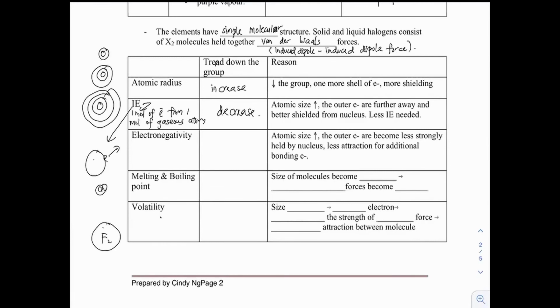Which one can gain electrons easily, when the size is small or when the size is big? It should be the one with smaller size because it is closer to the nucleus. So electronegativity of this is high, but electronegativity for this is low because it's further away from the nucleus. So therefore, electronegativity decreases.